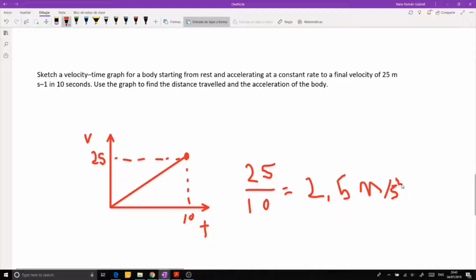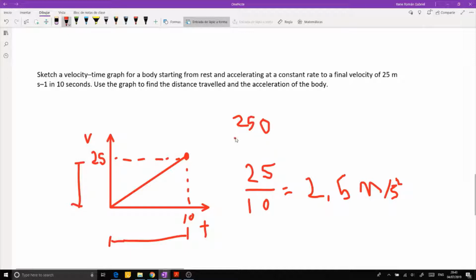Then they tell us distance, and distance is really easy because all you gotta do is the area, and the area of the triangle is just the base, which would be 10 because here we just said it, times the height, which we just said is 25, and then for a triangle you gotta divide it by 2, so 10 times 25 would be 250.